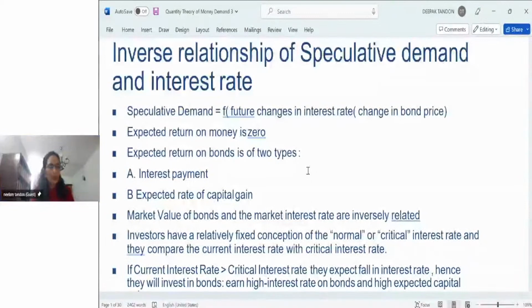Scenario A, company A has issued a bond on 3rd of April 2022 at the price of 1,000 rupees at a coupon rate of 5%. Scenario B, company B has issued a bond of 1,000 rupees at a coupon rate of 7%.